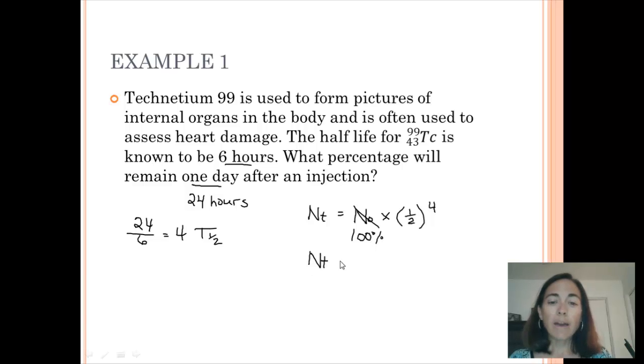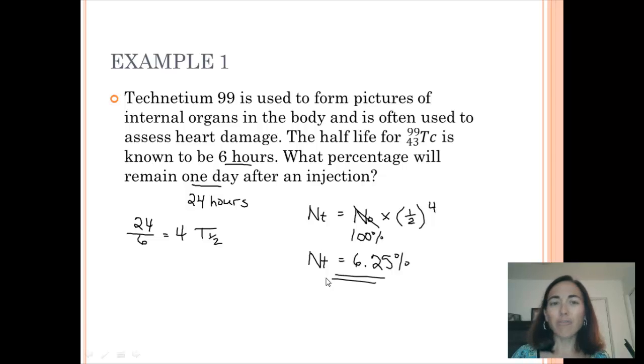So if you do that math, 100 times 1/2 to the 4th power is what we're going to figure out. You have to use that little caret button on your calculator. You end up with 6.25%. 6.25% of this technetium should be remaining after 1 day.